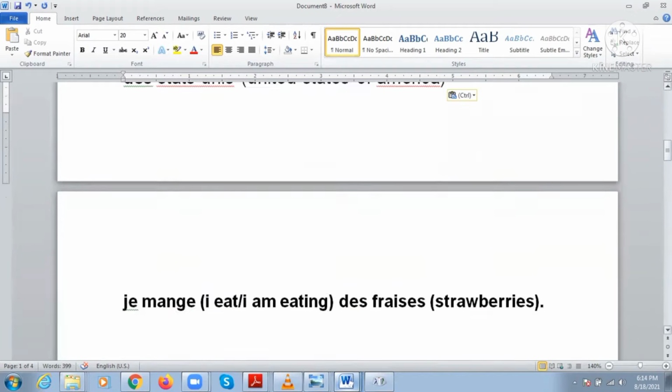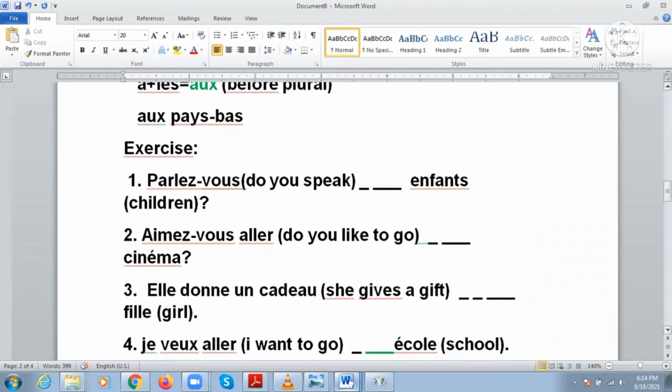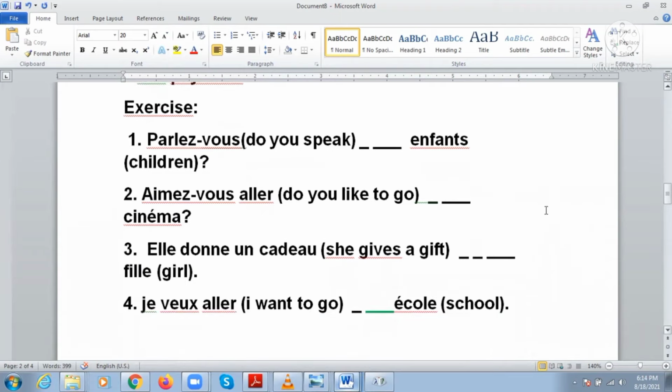So contracted articles are clear? Yes. Now, Sanchit, do this exercise. It's a mixed exercise. Mixed means definite, indefinite, everything.